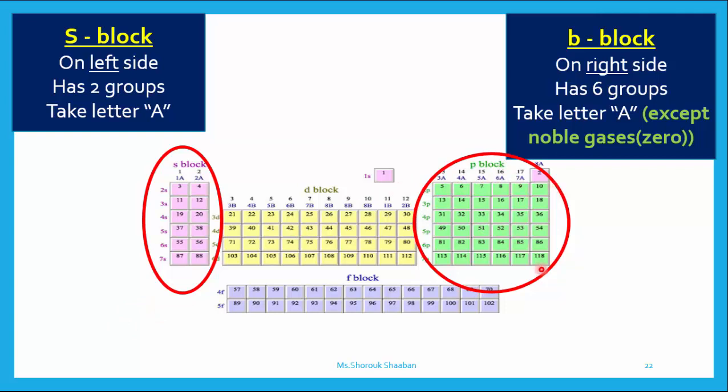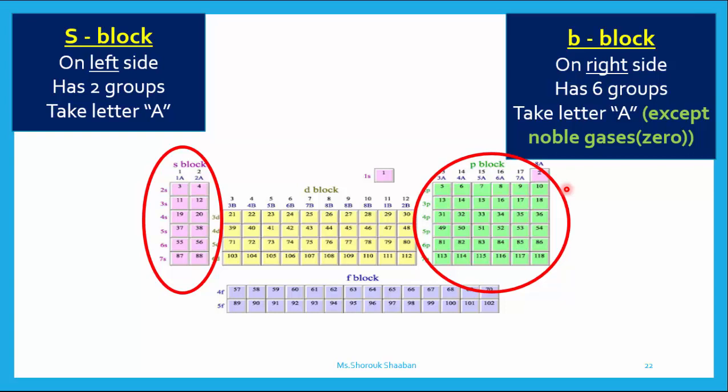And they also take the letter A. So I can say 3A, 4A, 5A, and so on. But except the last group here, it's not called 8A. It's wrong. It's called the 0 group. We cannot say A here for the 0 group.